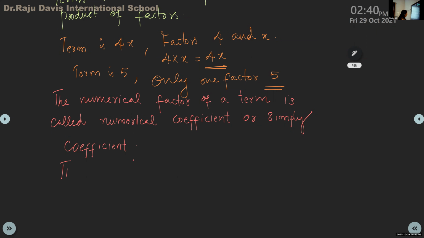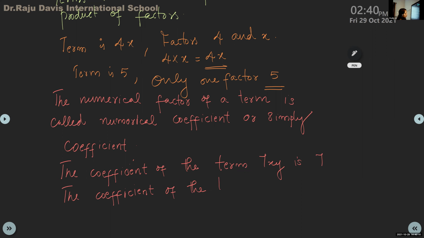The coefficient of the term 7xy is 7. And the coefficient of the term minus 5x is minus 5 itself.